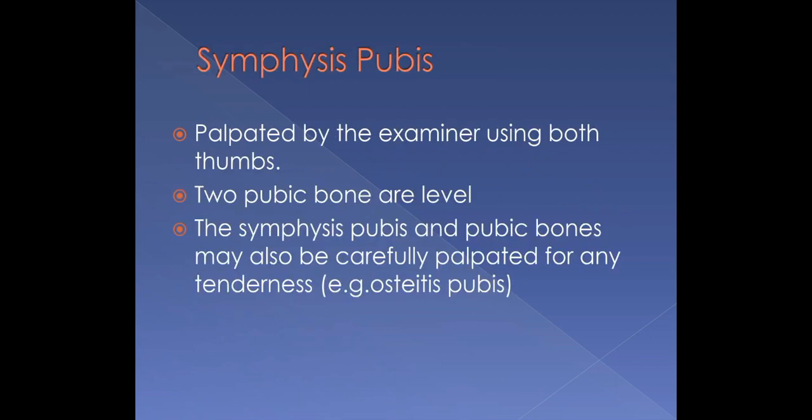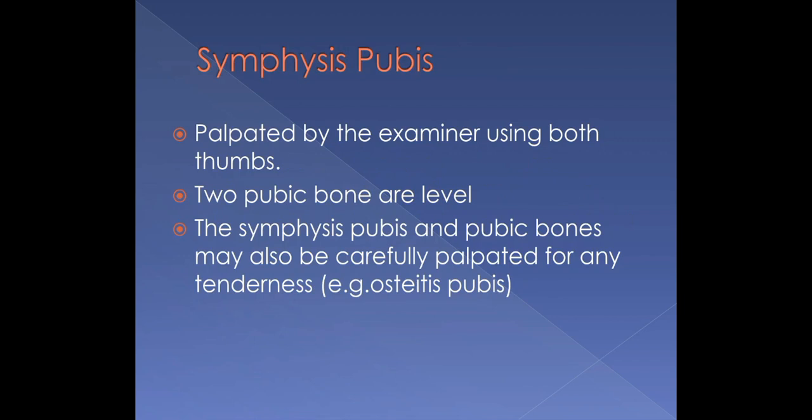Next, the symphysis pubis. The symphysis pubis can be palpated by the examiner using both thumbs. We have to check whether the two pubic bones are level or not, and the symphysis pubis and the pubic bones may also be carefully palpated for any tenderness. In case of osteitis pubis, these pubic bones will be tender.